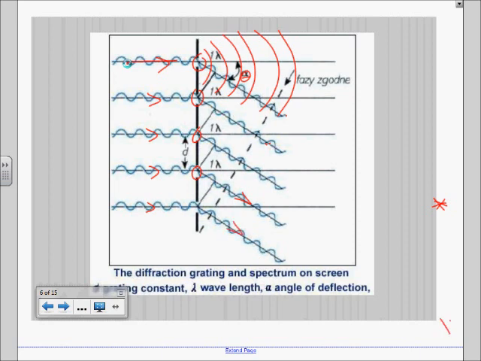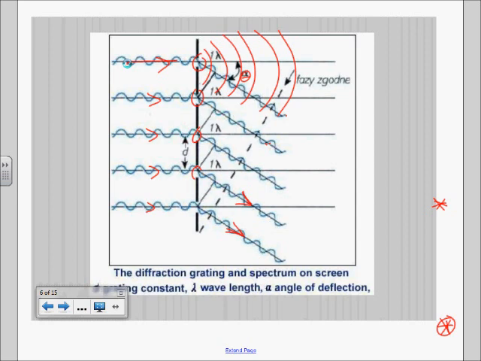Now, somewhere way over here, those two nearly parallel rays will coincide to produce a maximum on the screen. Now, the reality is that this slit separation here is absolutely tiny compared to the distance from here out to the screen. So we can say that these two rays here are as close to being parallel to each other as they need to be.